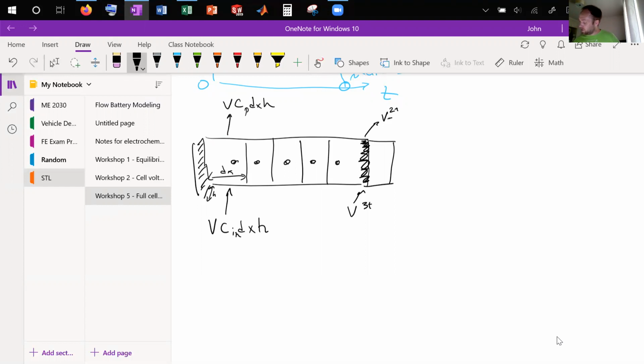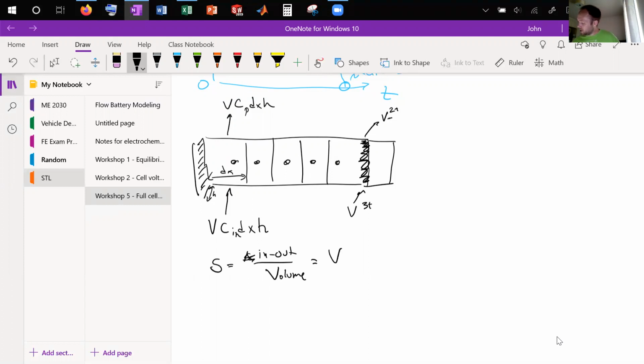And so the difference between what's going in and out, which we'll want to do on a per volume basis. So our source term will be in minus out over volume, because we're doing everything on a per volume basis.